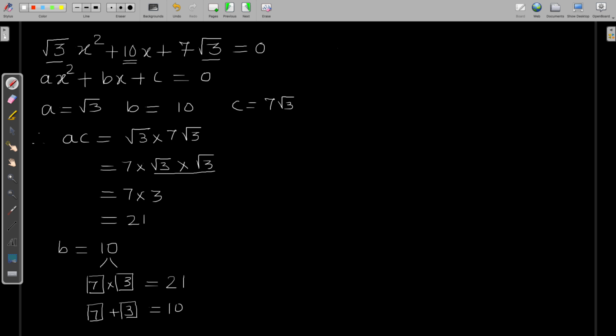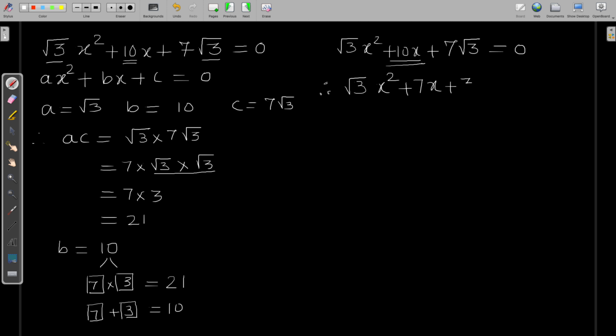Let us rewrite the whole equation once again. Root 3 x squared plus 10x plus 7 root 3 is equal to 0. Now I'm going to split this 10x into two parts, the 3 and 7 that I have selected. So I get my equation as root 3 x squared plus 7x plus 3x plus 7 root 3 as the last term, equal to 0.